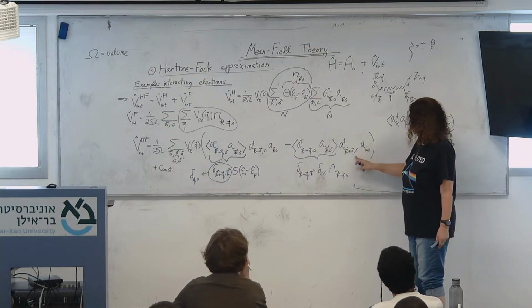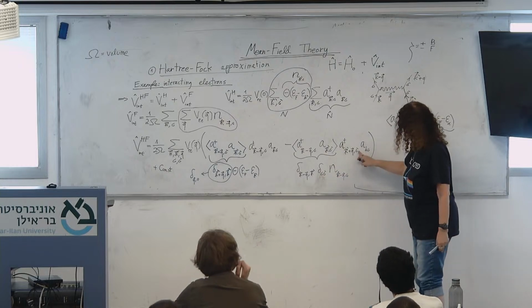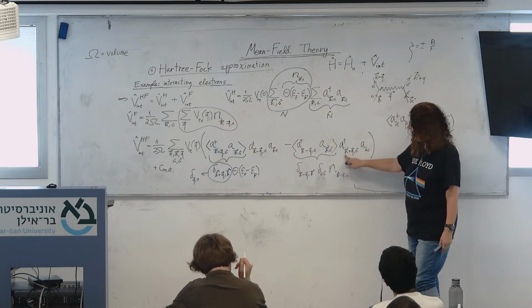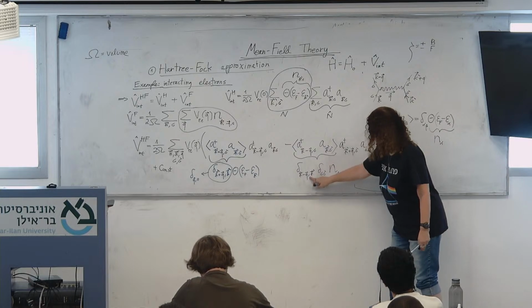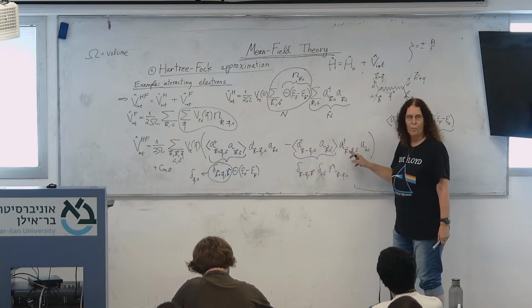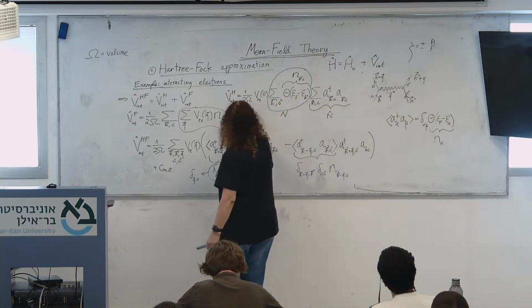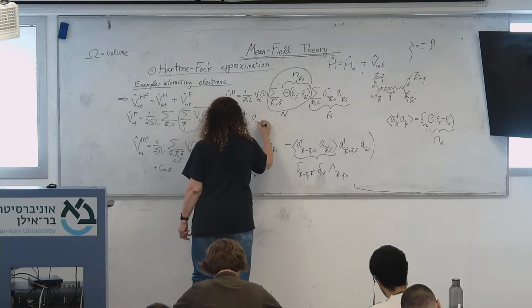First of all, there's a delta of sigma sigma prime, so sigma prime equals sigma. But in addition, K prime equals K minus Q plus Q, which gives you just K. So once again, it is A K sigma dagger, A K sigma.